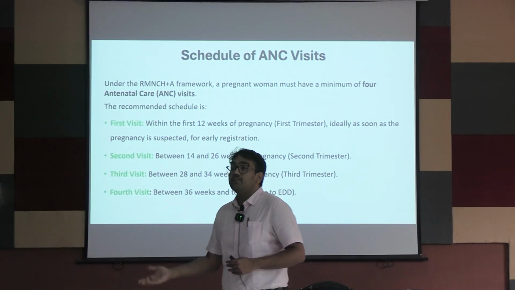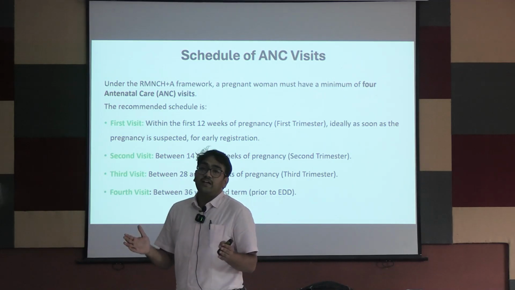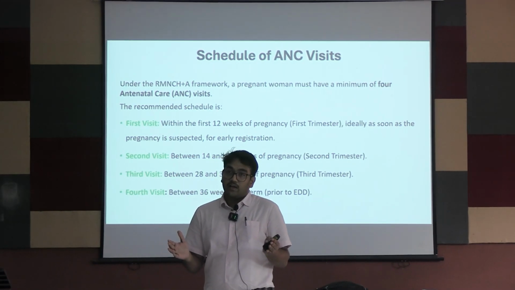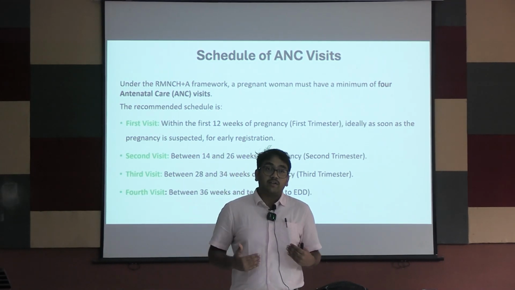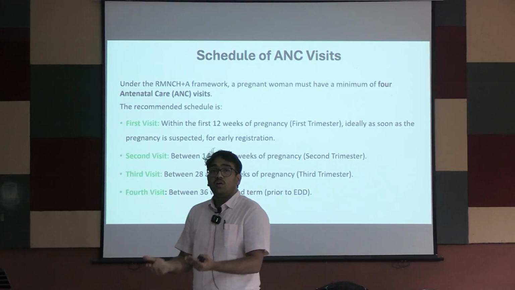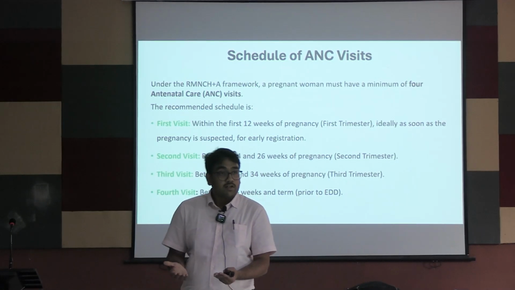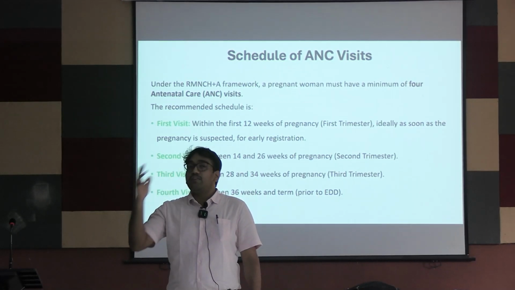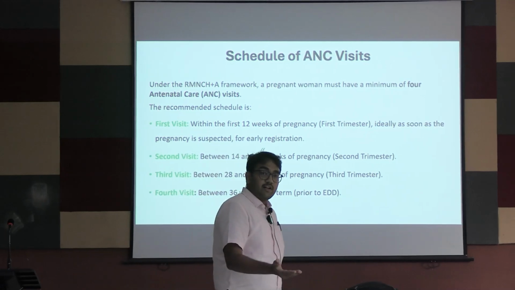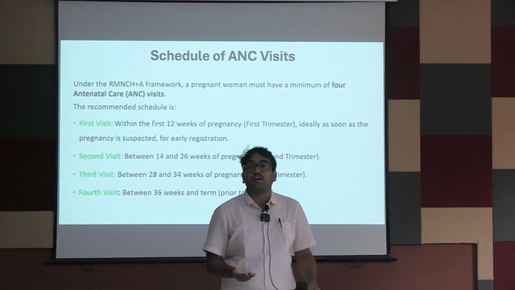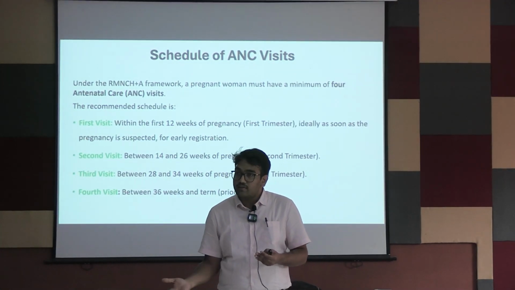So as a result, there will be a low birth weight child, isn't it? A malnourished mother leads to the birth of a low birth weight child. Now that low birth weight child, because the child is low birth weight, will have vulnerability to suffer from various infections.